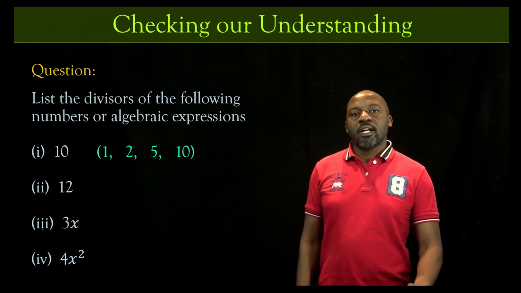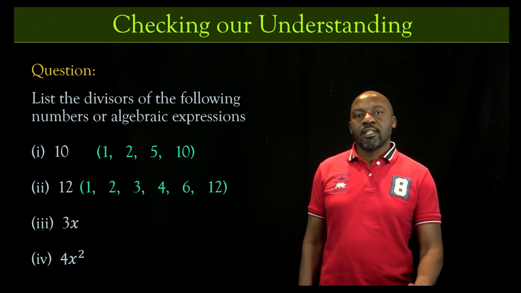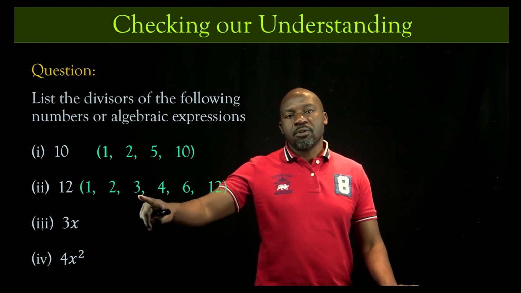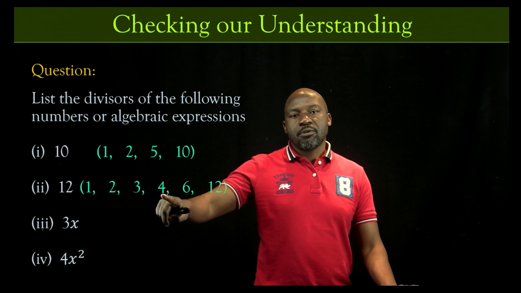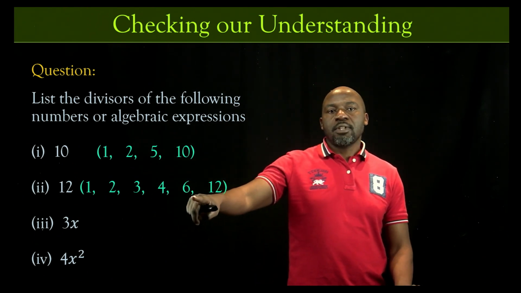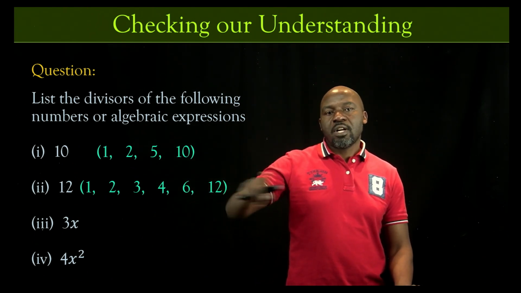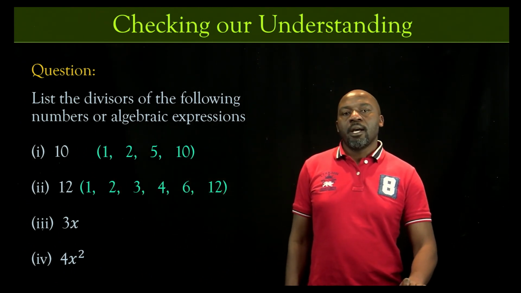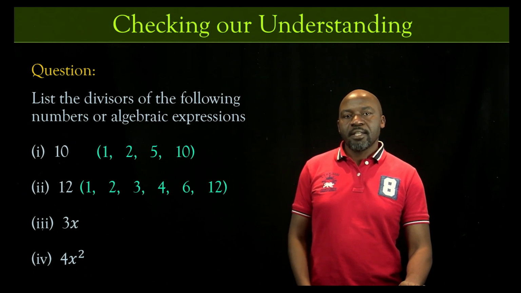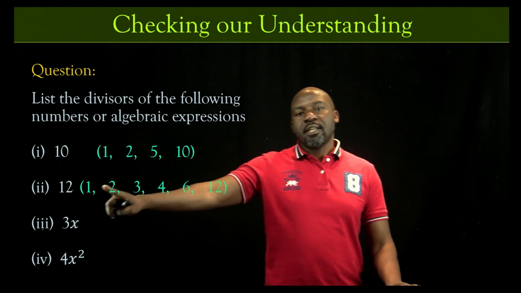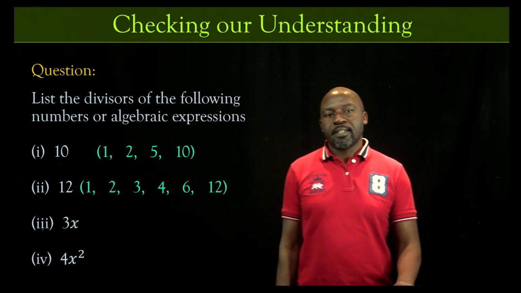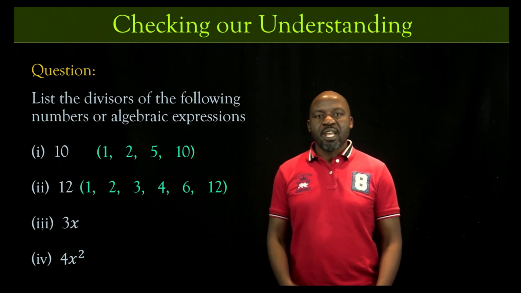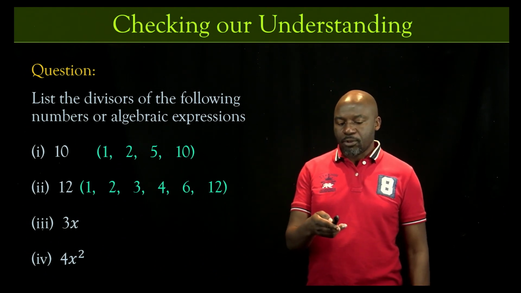Okay, 12, the divisors of 12 are 1, 2, 3, because 2 goes into 12, 3 goes into 12 4 times, 4 goes into 12 3 times, 6 goes into 12 twice, and 12 goes into itself once. Therefore, these are the factors or the divisors of 12, and again you can see that 1 and 12 itself are part of the factors of 12. So there may be others, but 1 and 12 must also be included.